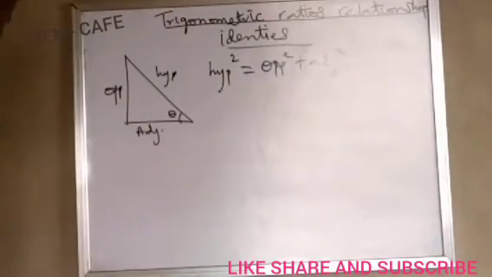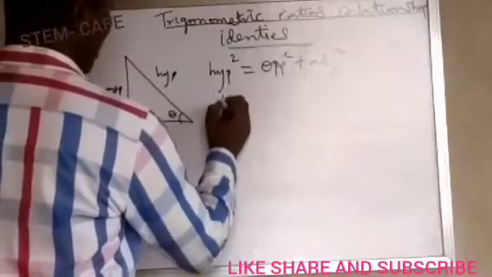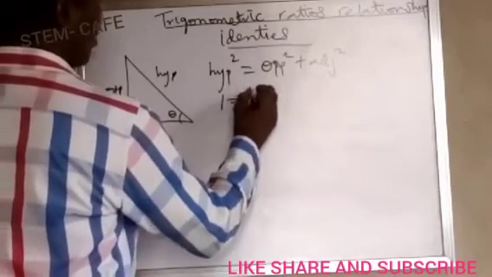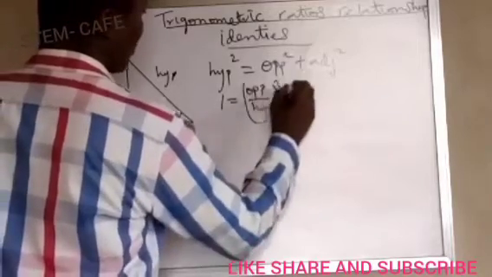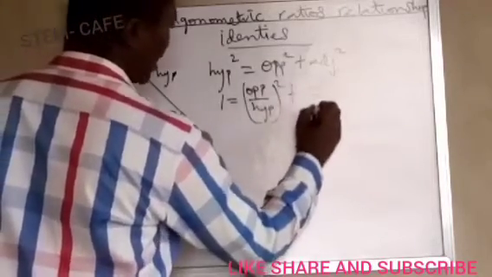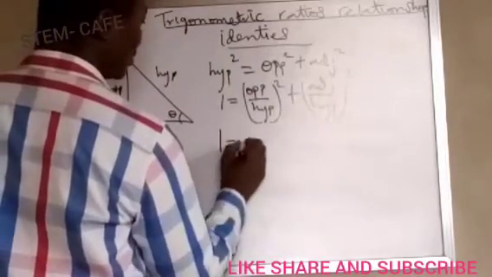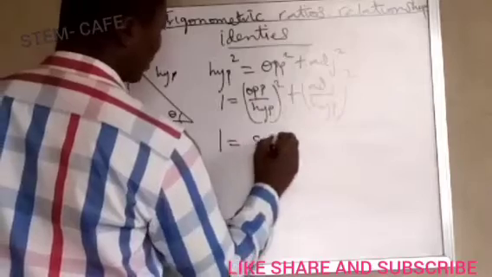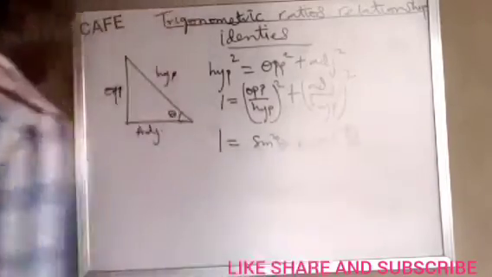Now, let's divide through by hypotenuse. This will be 1 equals opposite over hypotenuse square plus adjacent over hypotenuse square. So 1 will be equal to sine square theta plus cos square theta.